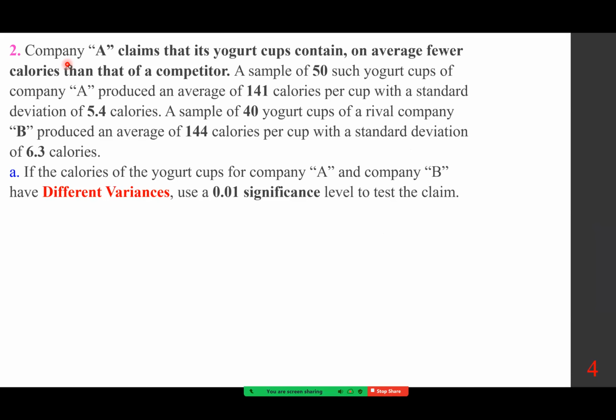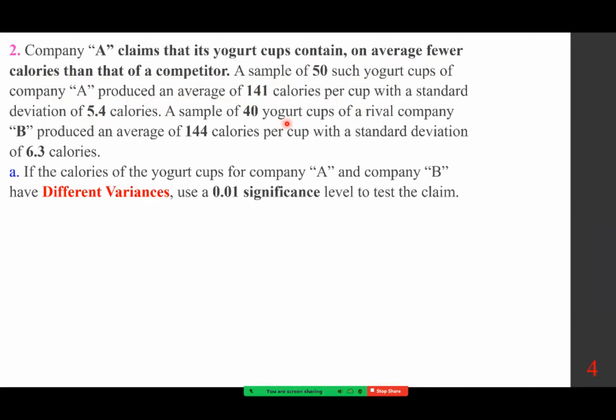Company A claims that its yogurt cups contain, on average, fewer calories than that of a competitor. A sample of 50 such yogurt cups of Company A produced an average of 141 calories per cup, with a standard deviation of 5.4 calories.